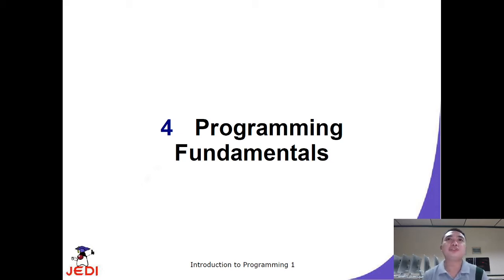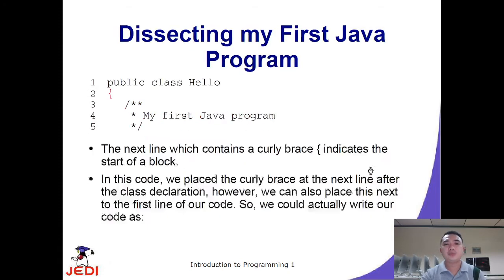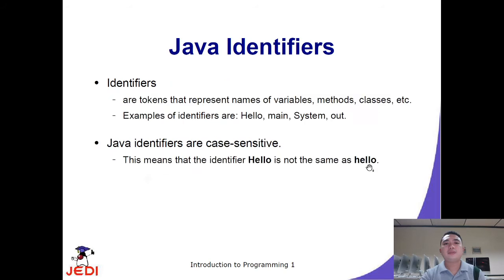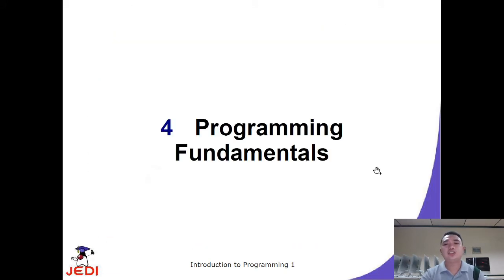The first part will be focused on dissecting the first Java program and how it looks in code, and I believe it is more on the different terminologies in Java.